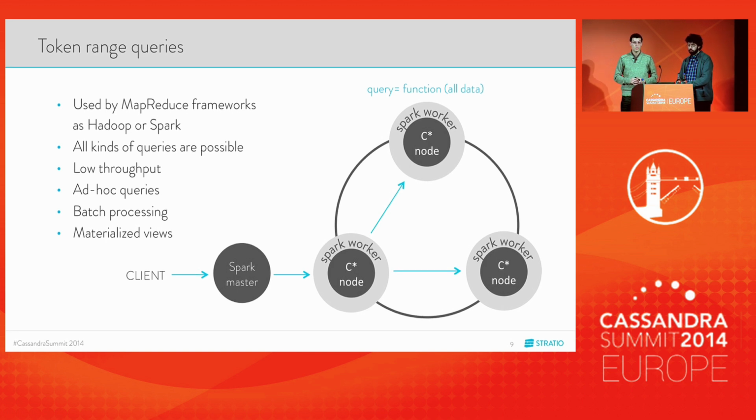The Spark workers are co-located within the Cassandra nodes, so you can exploit data locality. And data locality is achieved by finding out which is the split, which is the token range that you can query in a particular node, and then you extract data based on that notion. This is especially nice for queries where you want to explore your data and analyze different aspects of your data.